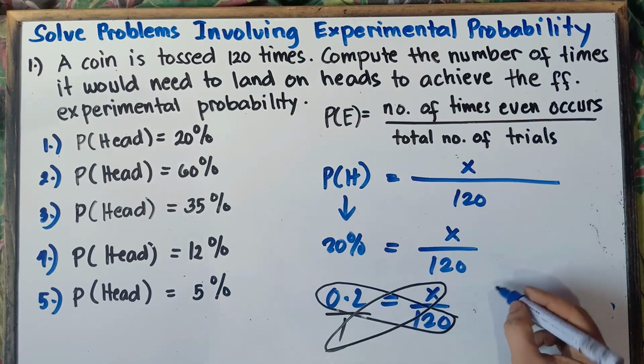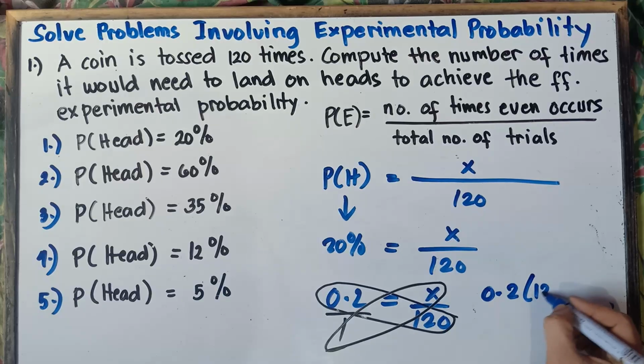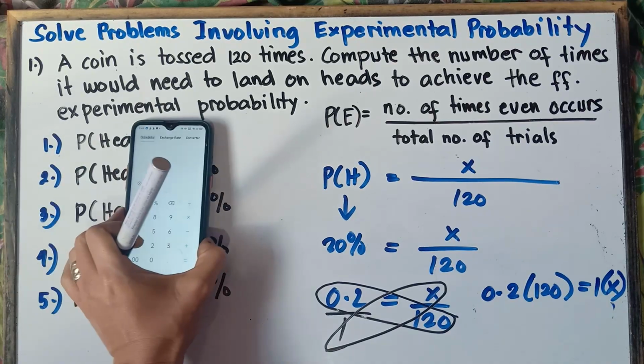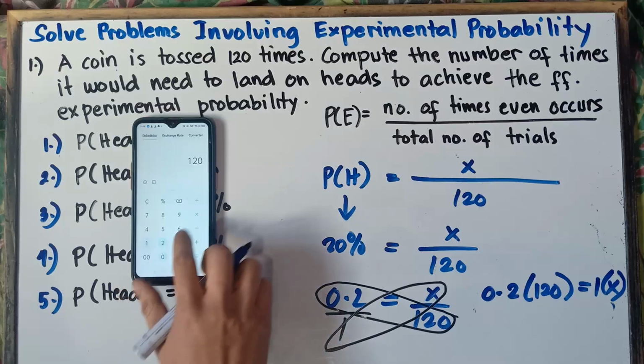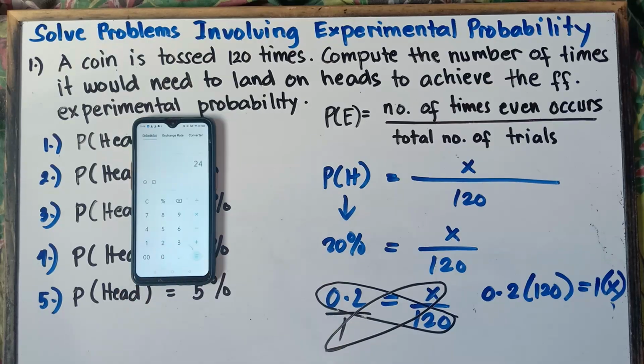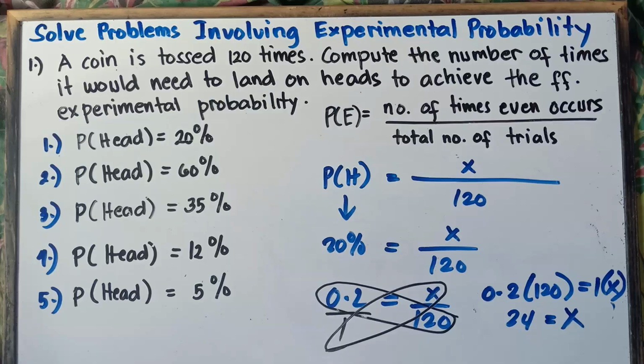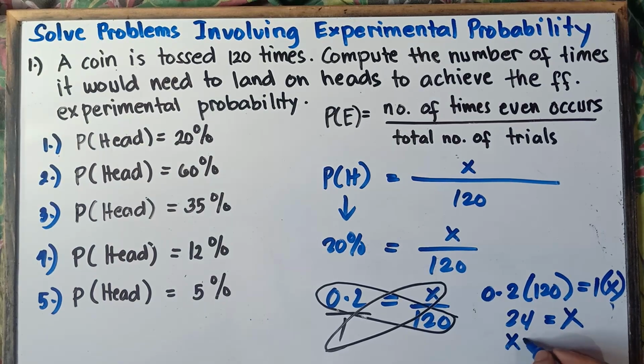So 0.2 times 120 is equal to 1 times x. Using your calculator, 120 times 0.2 is equal to 24, which is equal to 1 times x, or simply x. Therefore, the answer is 24 heads. So 24 equals x, or x equals 24.